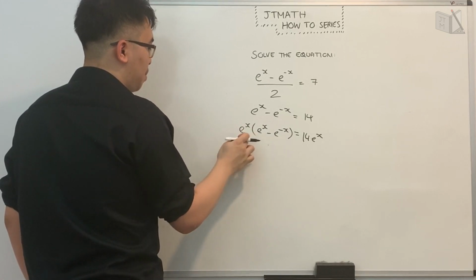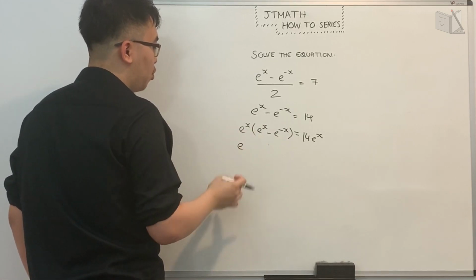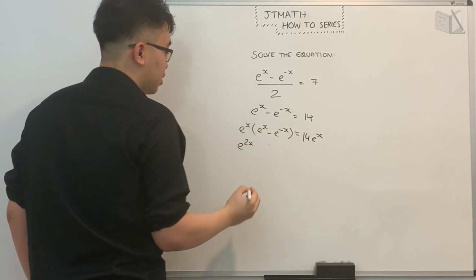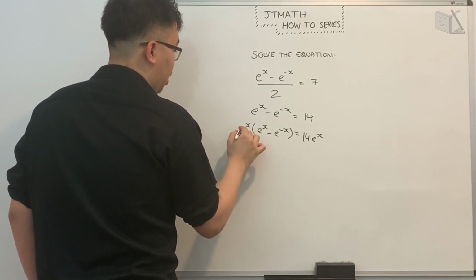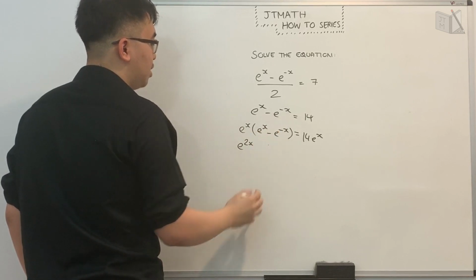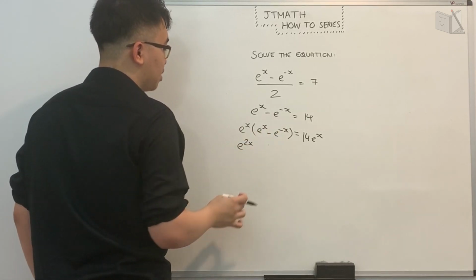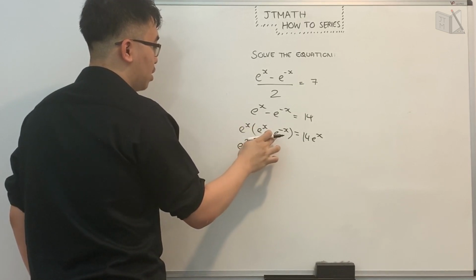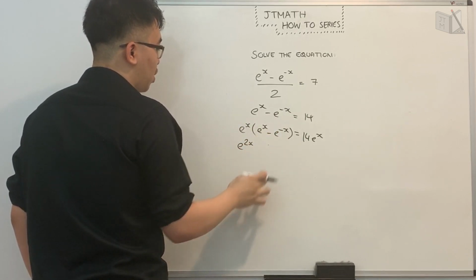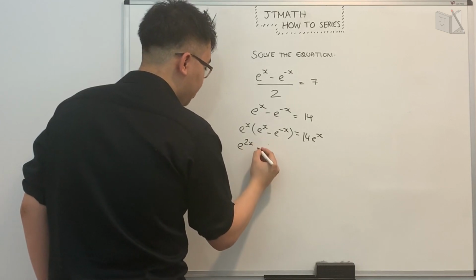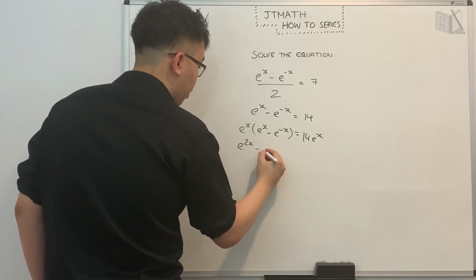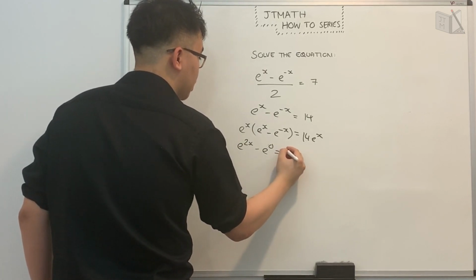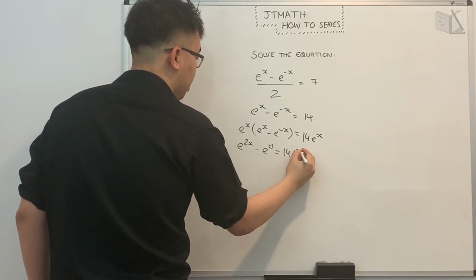And since they're the same base e, when we multiply them, we add the exponents. So we'll have e^(2x). Here, e^x times minus e^(−x). Again, same base, so we're going to add the exponents. Plus 1 plus minus 1 is 0. So we'll have e^0 equals 14e^x.